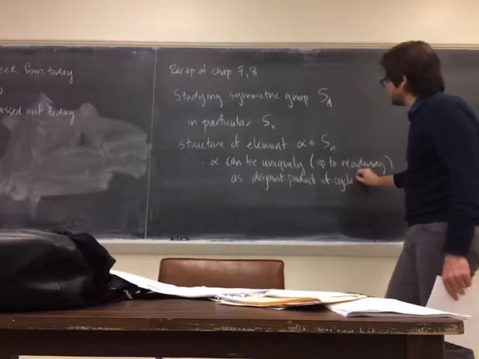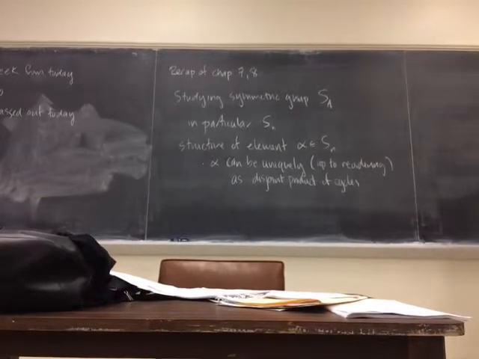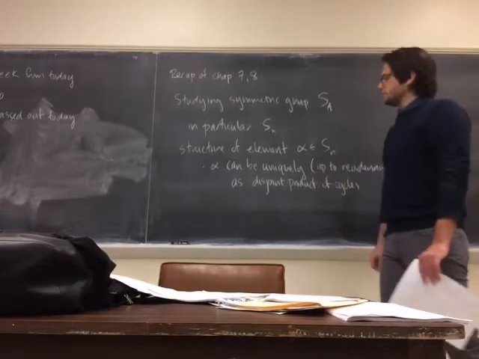You have that little algorithm that tells you how to do it: look at 1 and see where it goes, close off the cycle, and then take the next smallest guy. Remember this whole thing? That's the nice way to represent the element alpha.